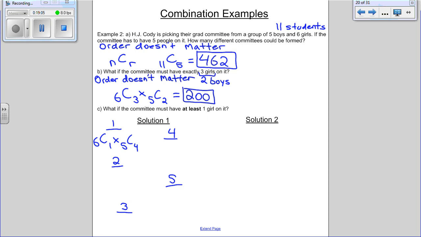It is 30 ways that 1 girl gets. If you did number 2, you'd be doing 6 choose 2, times 5 choose 3. You punch that in your calculator, and you get 150 ways.